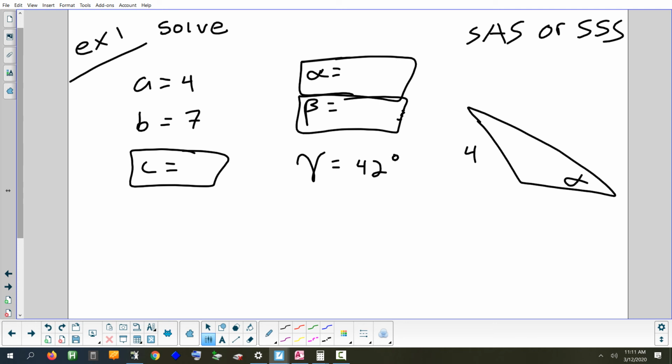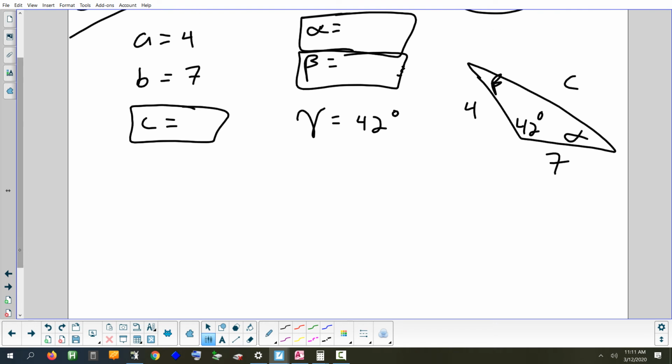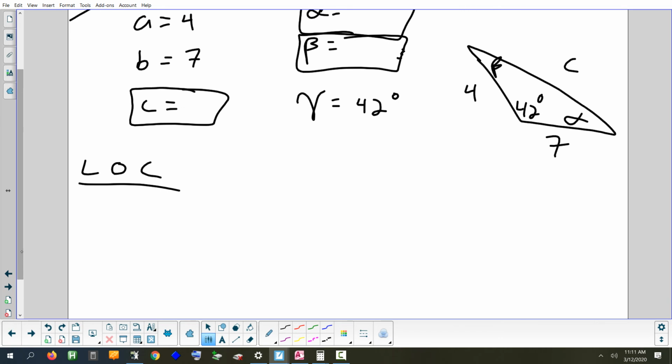Here's A, here's alpha, here's B, here's beta, here's C, here's gamma. Which of the 2 types is this one? Yep, this is side angle side, which we just said has to be law of cosines. So I'm going to show you what the law of cosines is, and then we'll come back to do this problem. So law of cosines.